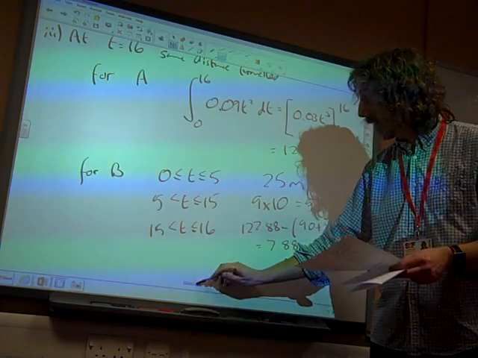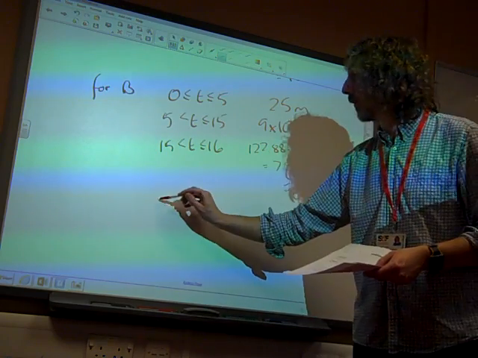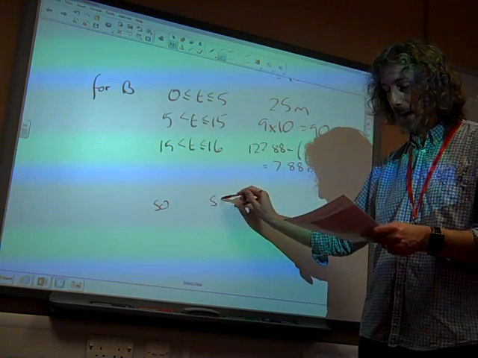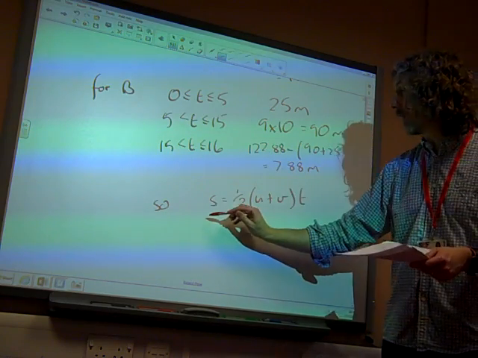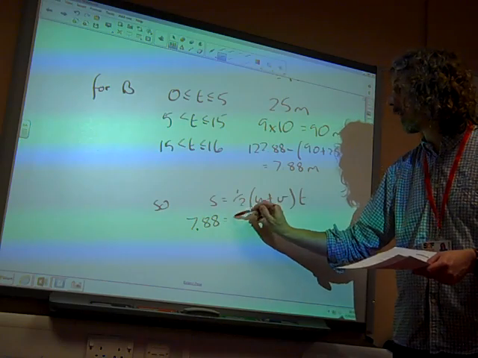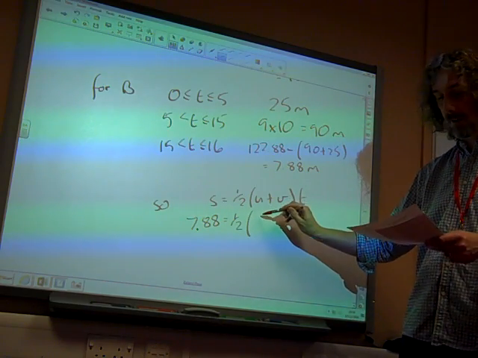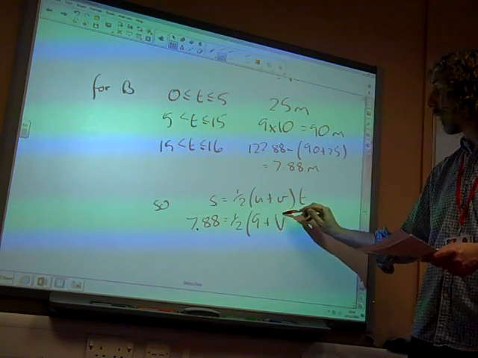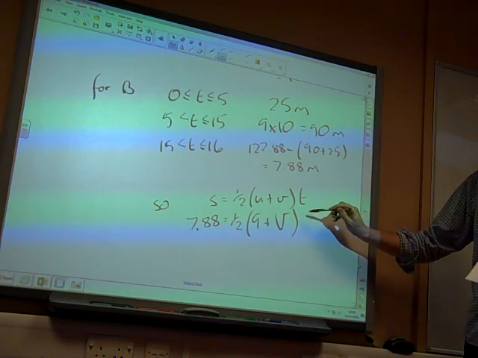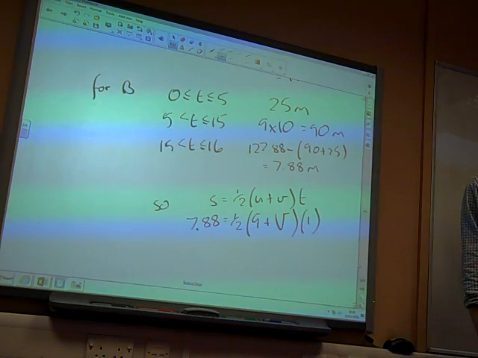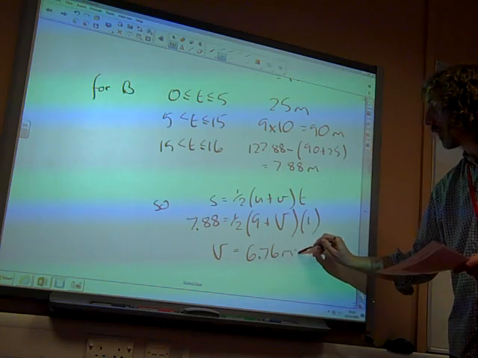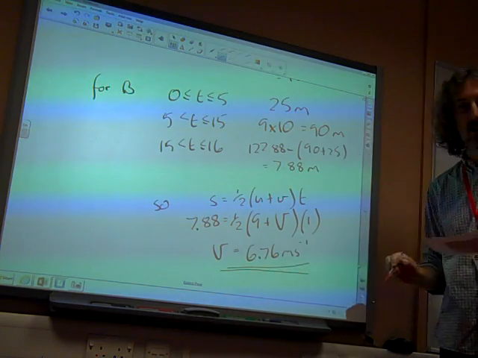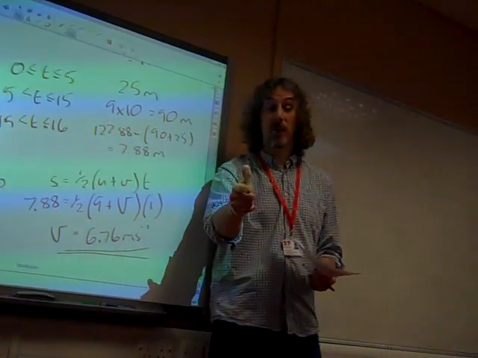We're saying in the final 1 second, using s equals a half (u plus v) t, we've got that it travels 7.88 metres with an initial velocity of 9, a final velocity of v, and it does it in 1 second. And if we rearrange that equation, we get big V is 6.76 metres per second. And there we go. That is the end of the M1 paper.